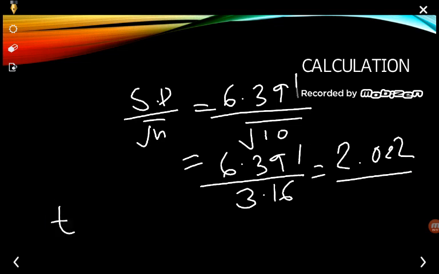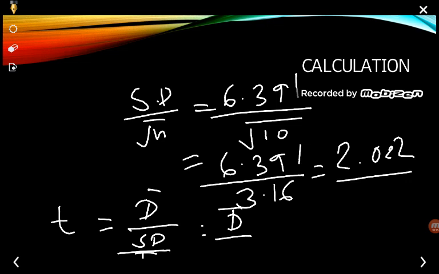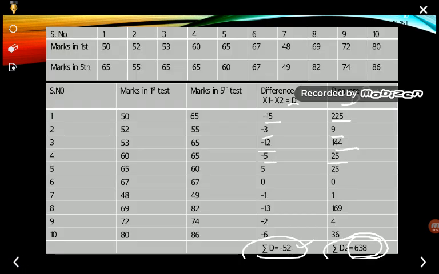Now we have to put it inside the formula for t. So we have to find out the t. In the t test, t is equal to mean of d divided by SD by square root of n, which can be written as d mean divided by standard error.